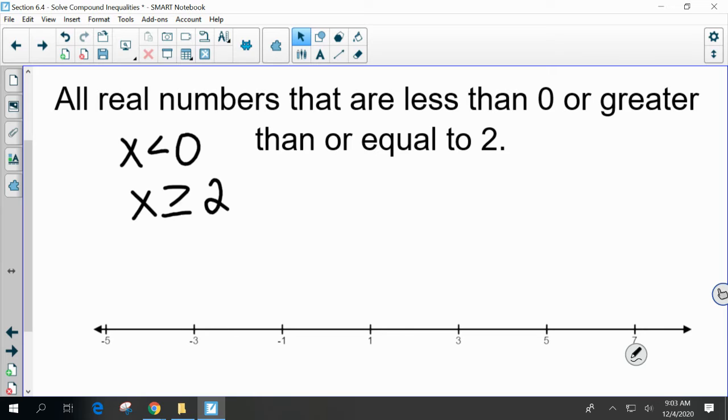So open circle at 0, and there's not a 0 or a 2 on here, so just go in the middle, like this. Open circle at 0, and I'm going to be going left. And then closed circle at 2, and I have to go right.